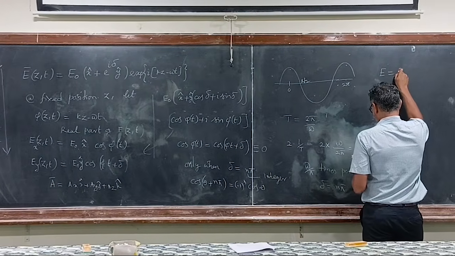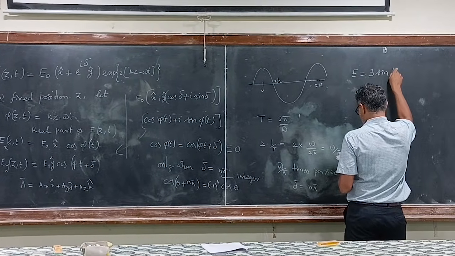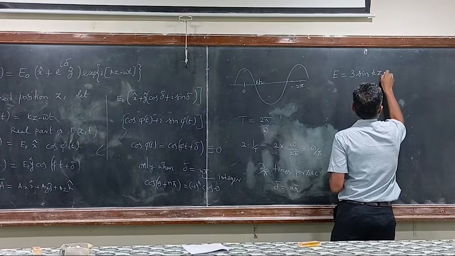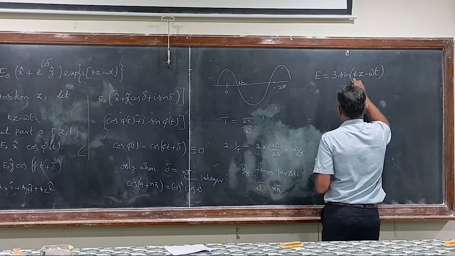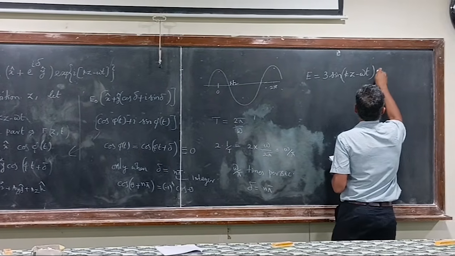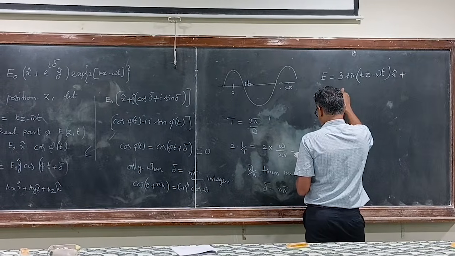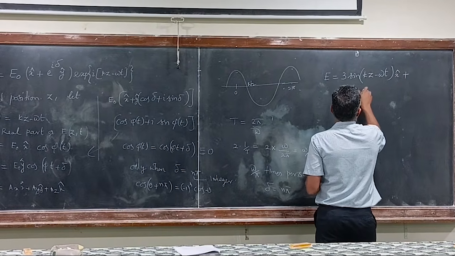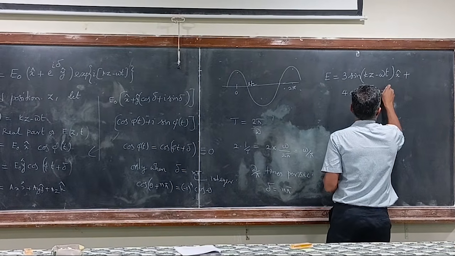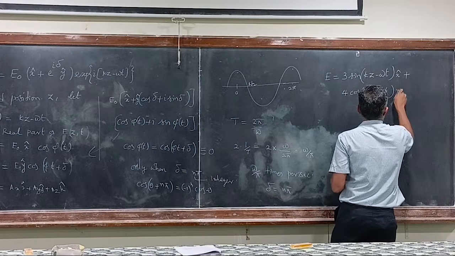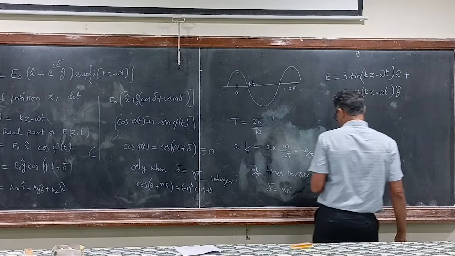So E is given as 3 times sine kz minus omega t along x cap plus 4 times cos kz minus omega t along y cap.